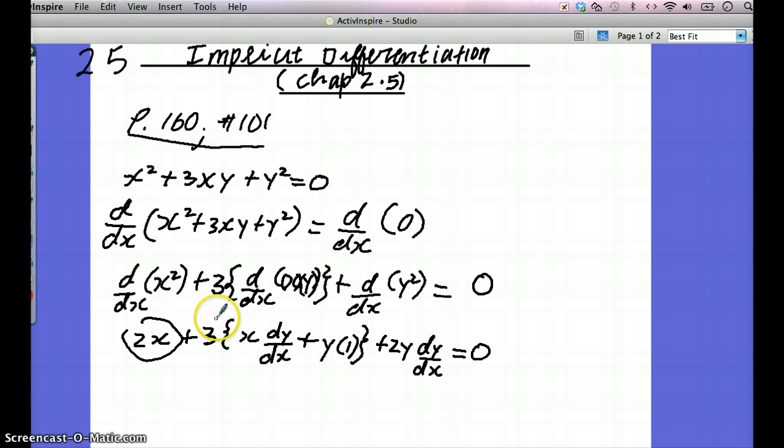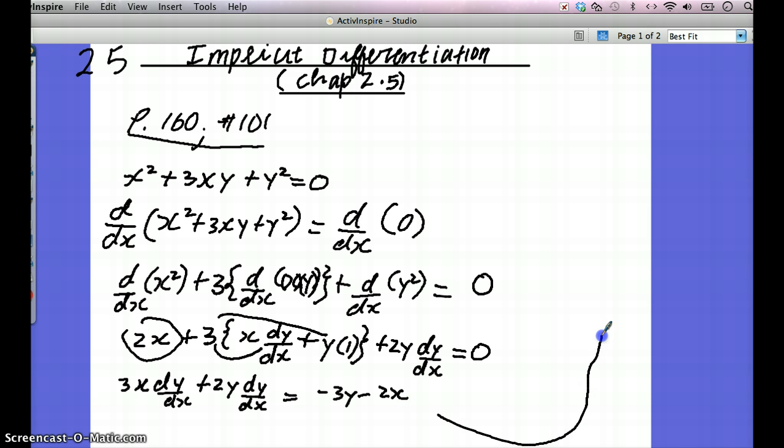When we distribute the 3 through, we get 3x dy by dx, and we distribute 3 over this. And then we have the 2y dy by dx, which I'm going to put on the same team here. That will be equal to, distributing the 3 over the y and bringing it to the other side, a negative 3y. And moving the 2x to the right side, I get minus 2x.